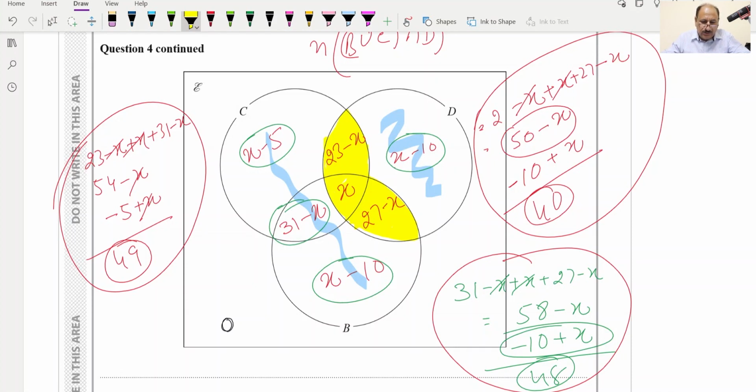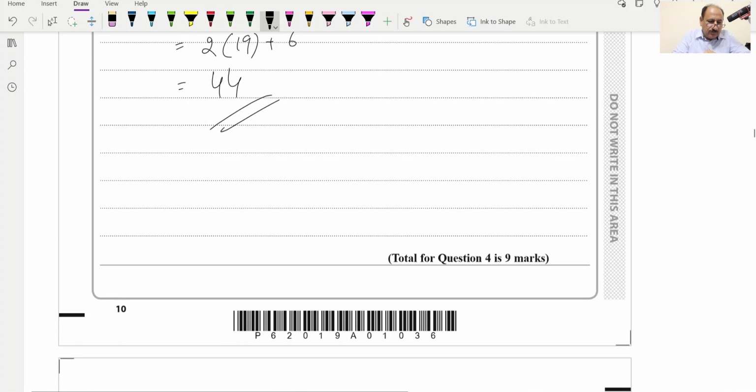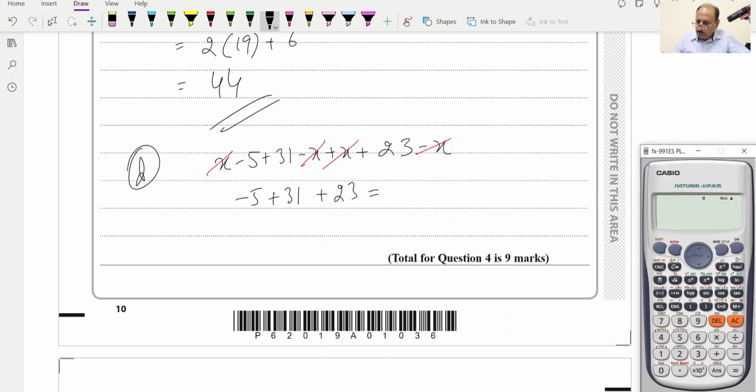So x minus 5 plus 31 minus x plus 23 minus x, and we can cancel minus x plus x, and the minus 5 terms as well, and it will be minus 5 plus 31 plus 23, which is equal to 49.